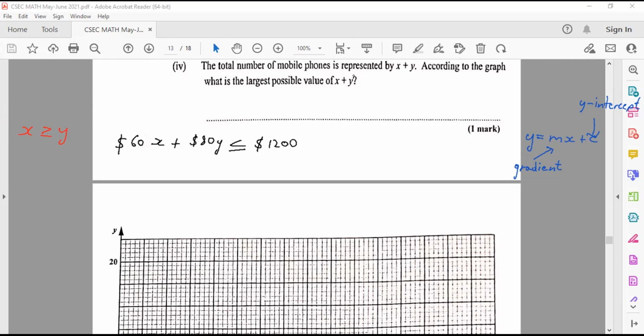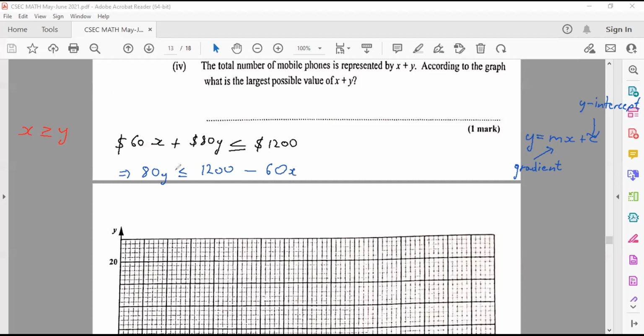So this is the same thing as saying that 80y is less than or equal to negative 1,200, minus 60x.